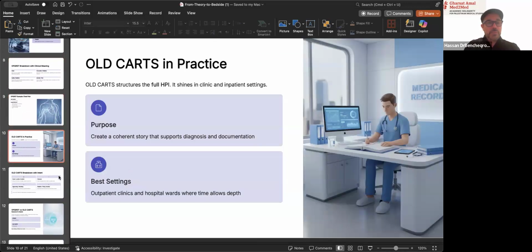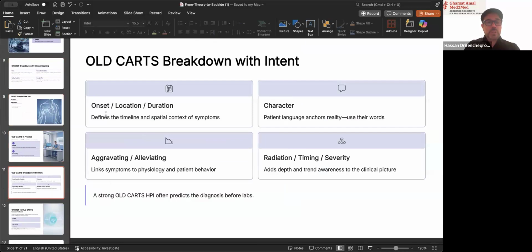Old cards: onset, location, duration, the character, aggravating or alleviating factors, radiation, timing, and severity.